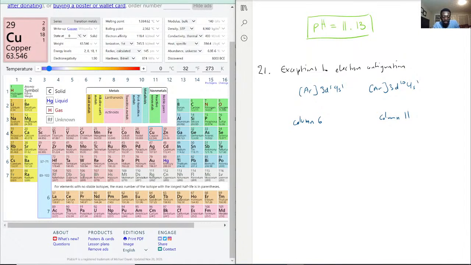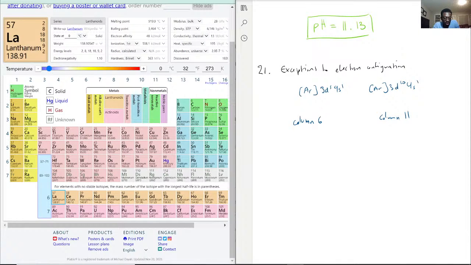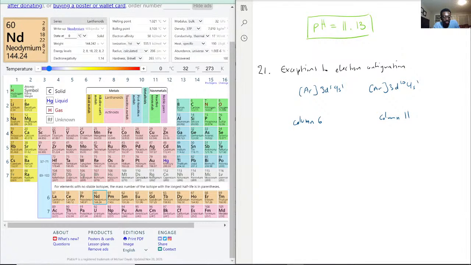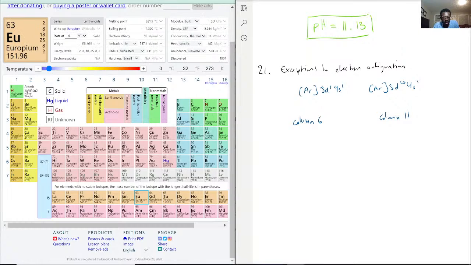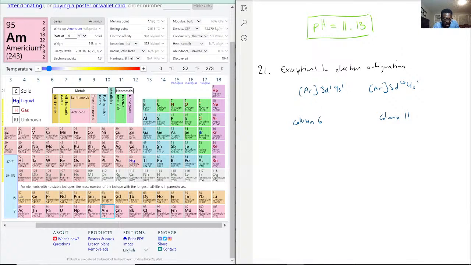If they include the lanthanum series and actinium series, I would assume that it's going to be 1 before 7. So 1, 2, 3, 4, 5, 6, 7. Nope, sorry, I counted wrong. 1, 2, 4, 5, 6, 7. So it'll be like maybe europium and americium, and maybe terbium and nobelium, I'm assuming.